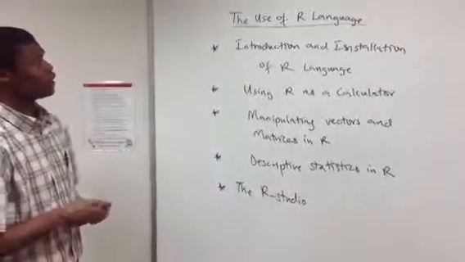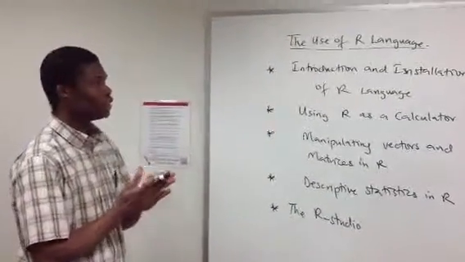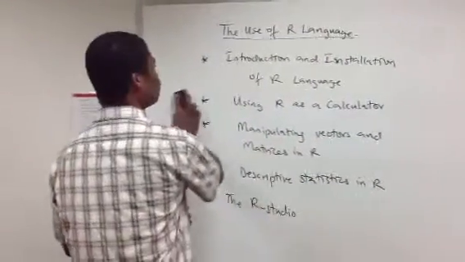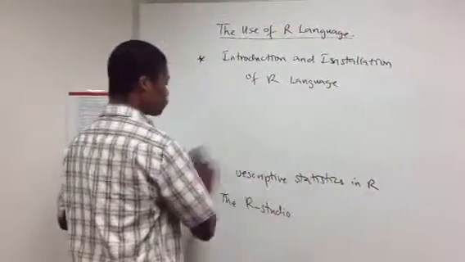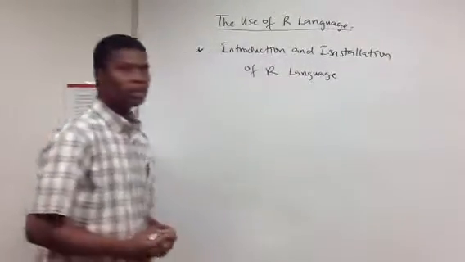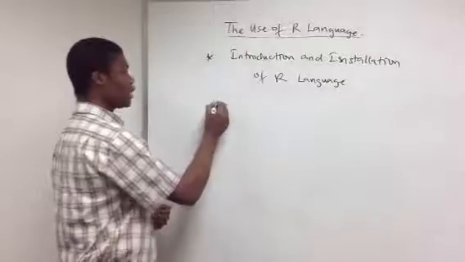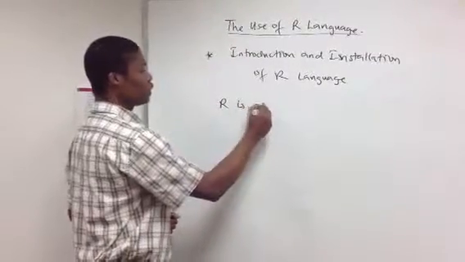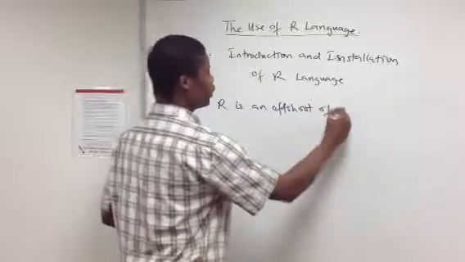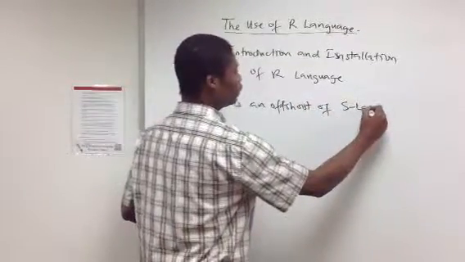So now let's talk about the R language. How did it start? Who were the first people to develop the R language? The R language is an offshoot of the S language.